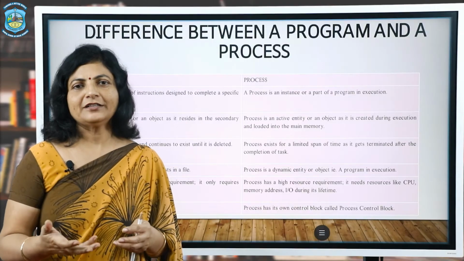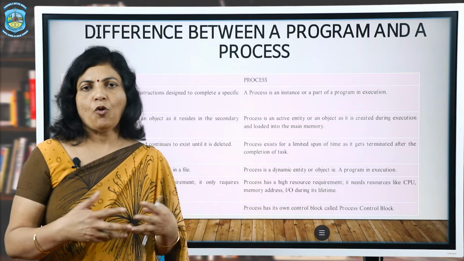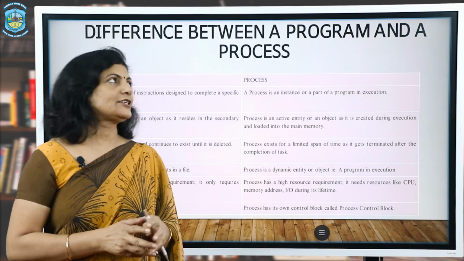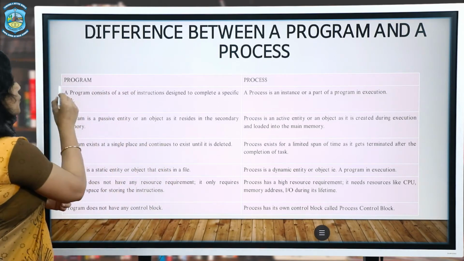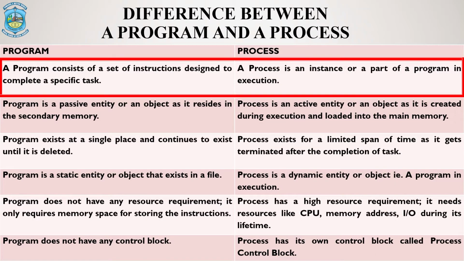So, before we further understand more concepts of process, let us differentiate between program and process. As we know, a program consists of a set of instructions designed to complete a specific task. Usually programs are written in a computer programming language like C, C++ or Java. And a process is an instance or a part of a program in execution.